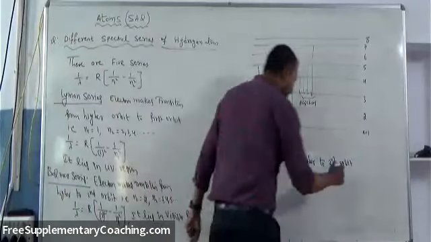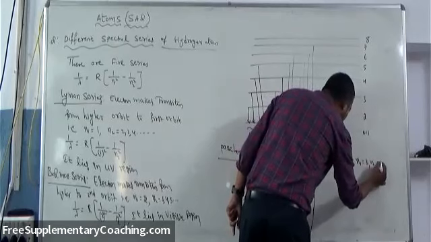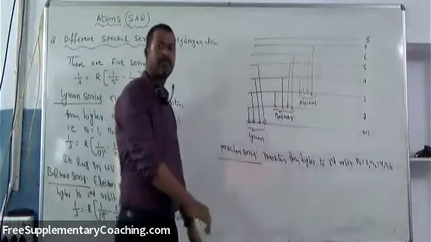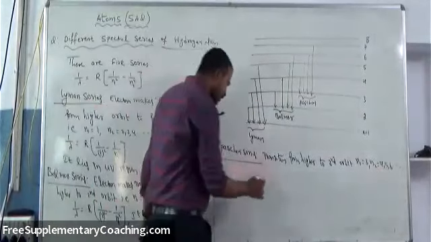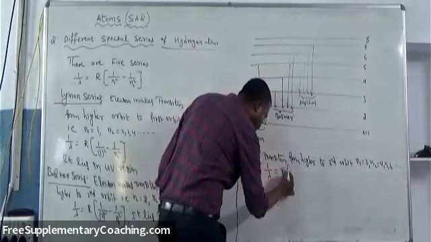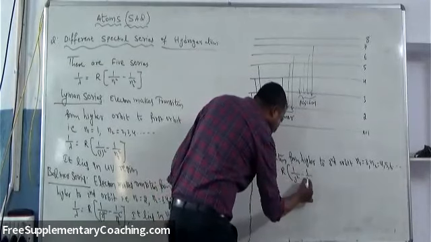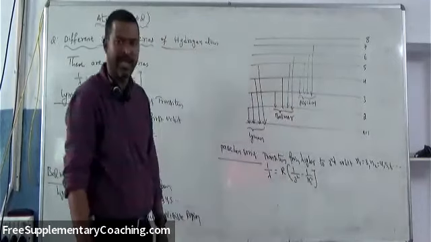That means N1 will be 3, N2 will be 4, 5, 6, 7. Clear? Now from this, the wavelength you can write as 1 by lambda equals Rydberg constant, 1 by N1 square, that means 3 square, minus 1 by N2 square, that may be 4, 5, 6, 7, anything you can take.